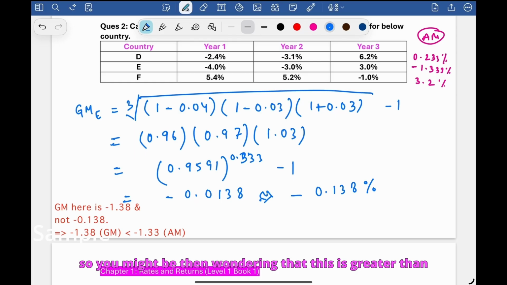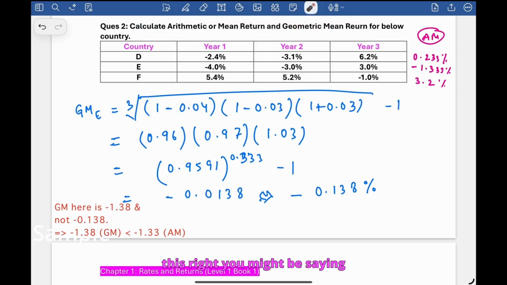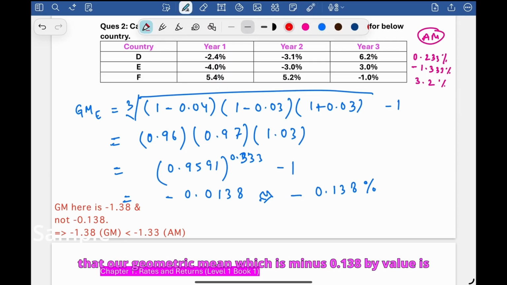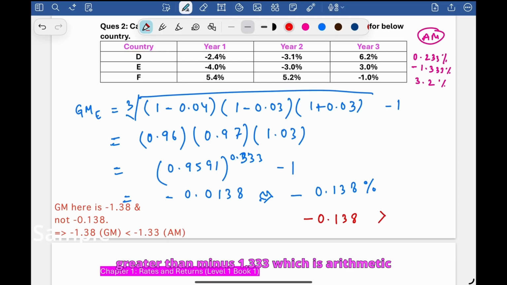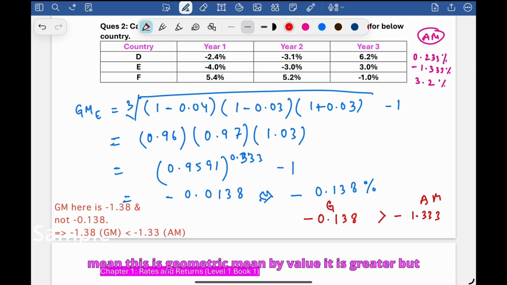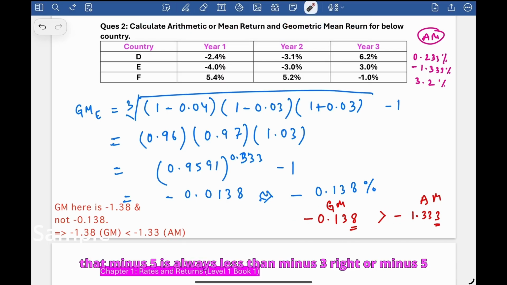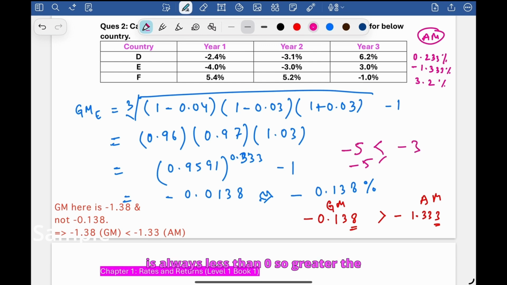So you might be wondering whether this is greater than this. You might be saying that our geometric mean, minus 0.138, is greater by value than minus 1.333, which is the arithmetic mean. By value it is greater, but since there is a negative sign, minus 5 is always less than minus 3, or minus 5 is always less than 0.